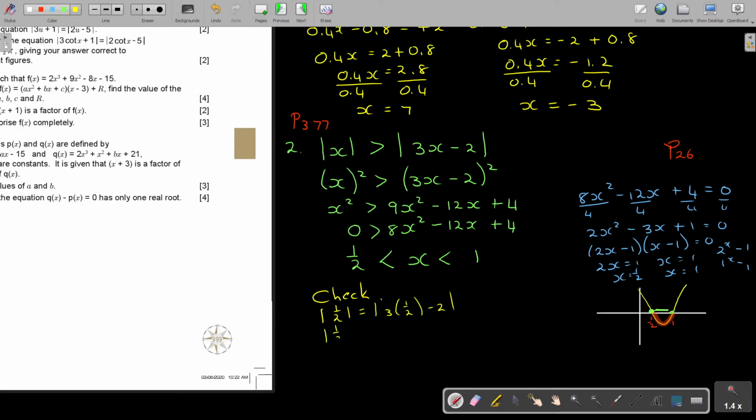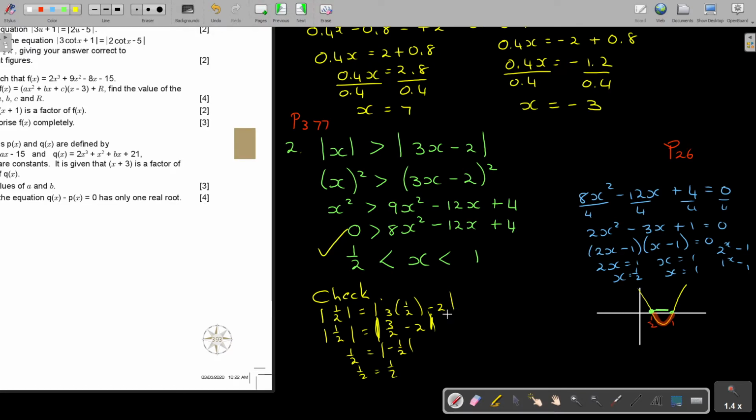So this is going to be a half, and this is going to be 3 over 2 minus 2, in the bars. So this is going to be a half. And if I say 1.5, it's going to be negative a half, but that in bars is going to be a half. So yes, that is a solution.